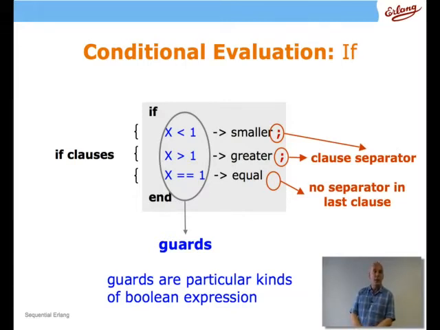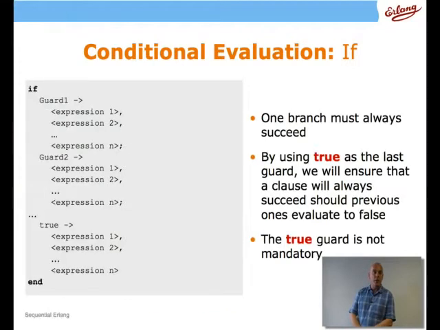Guards can appear here. In fact, they can also appear in other places, which again we'll talk about presently. The general form of if is we have a number of clauses. The guard expressions are evaluated in turn from the beginning, and the first guard which evaluates to true has the expressions in the corresponding body evaluated. So if the first guard is true, you do the first set of expressions. If the first is false, but the second is true, you do the second, and so on.